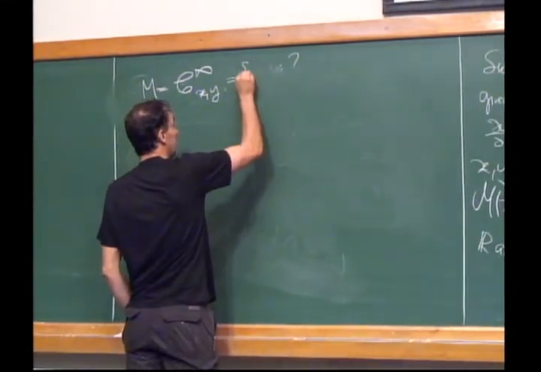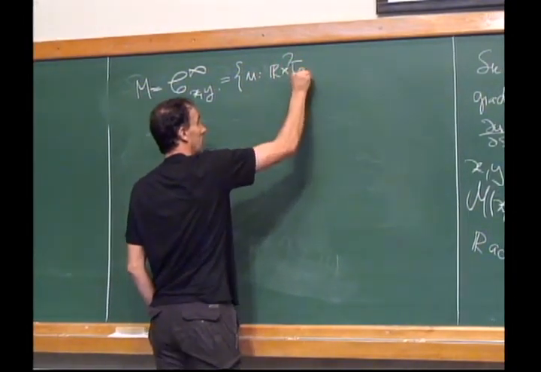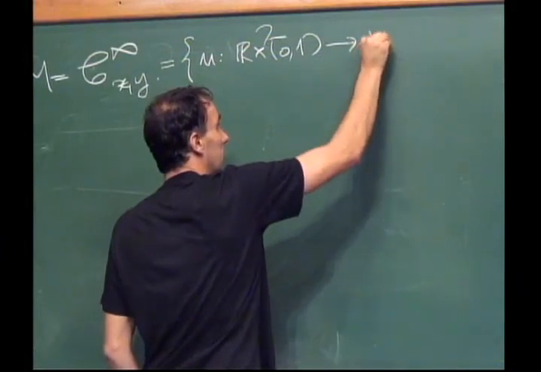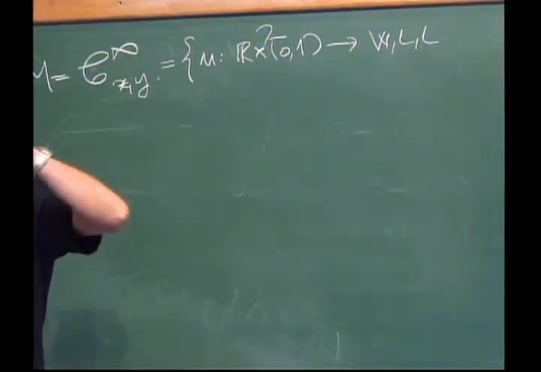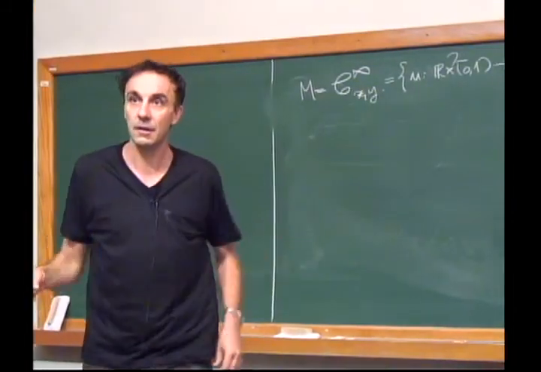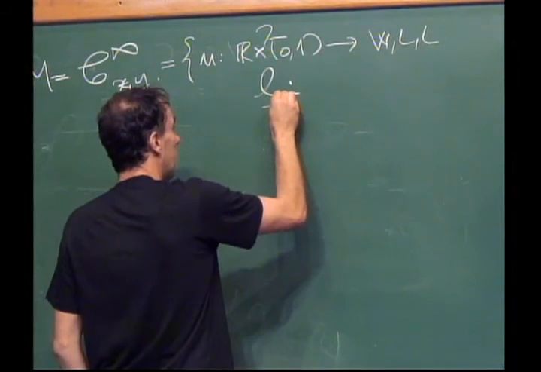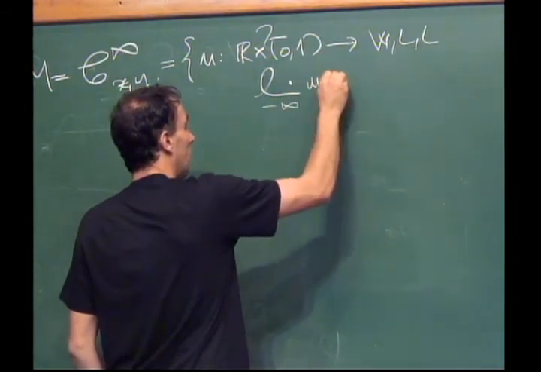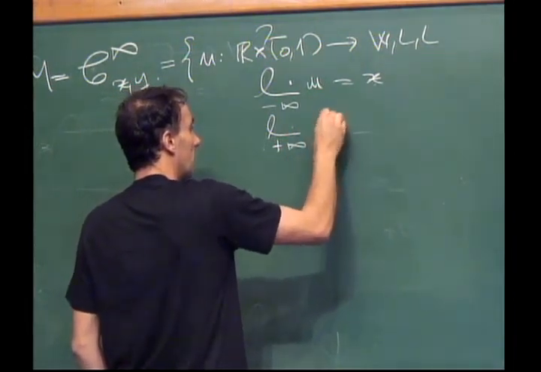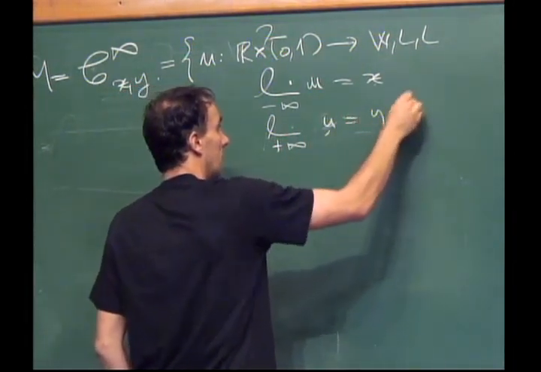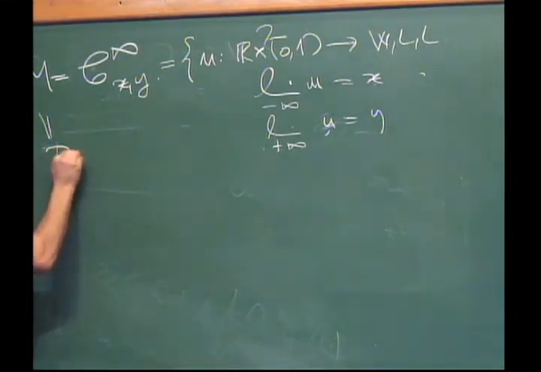These are smooth half cylinders with boundary in L, right, and limits as s goes to minus infinity of u is x, and as s goes to plus infinity of u is y. So this is the space, and this is the space B also.